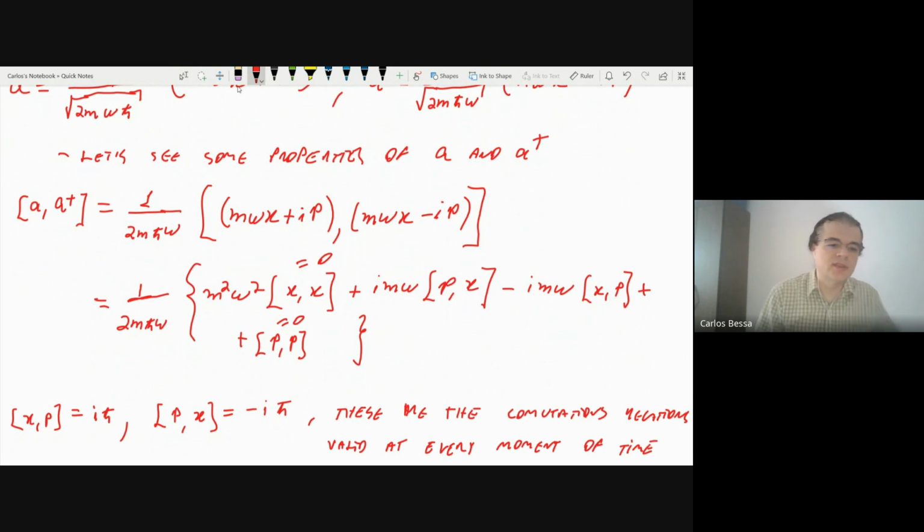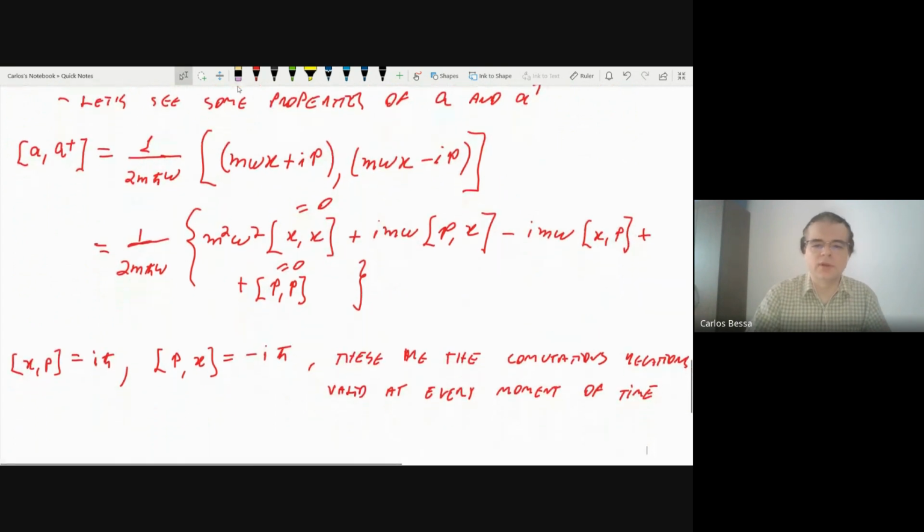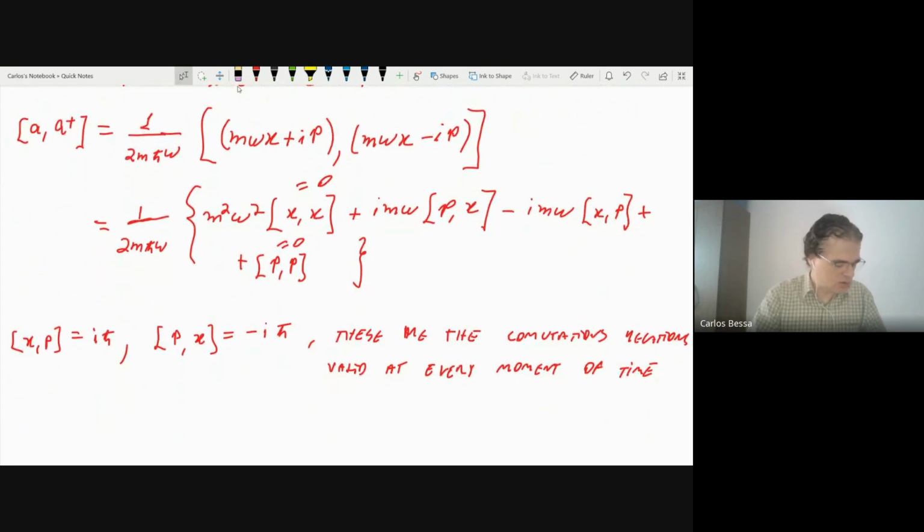They say that at the same time I cannot measure with higher precision x and p. Same time, but at a different time, it's okay.